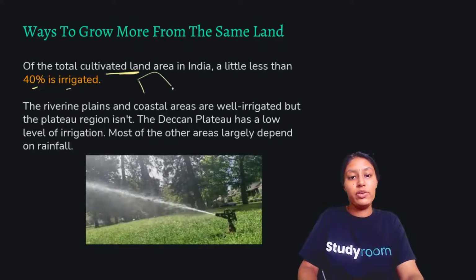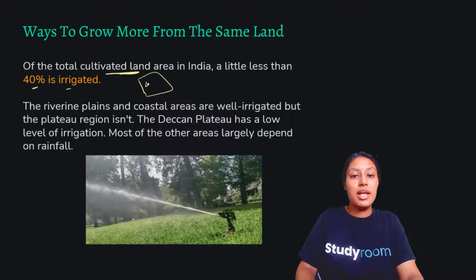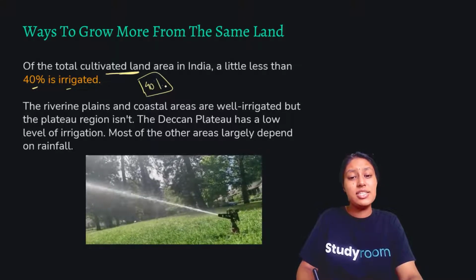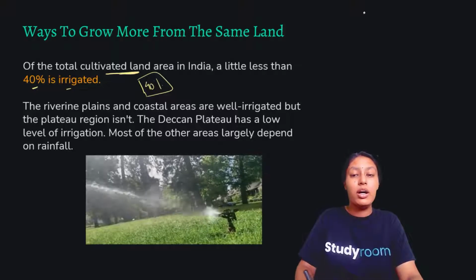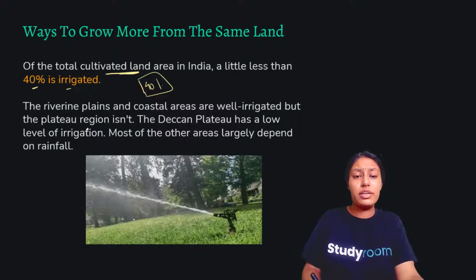So whatever the total cultivable land India has, less than 40% is being irrigated. Now let's understand why that is so. What is the reason for the irrigation percentage being so low?